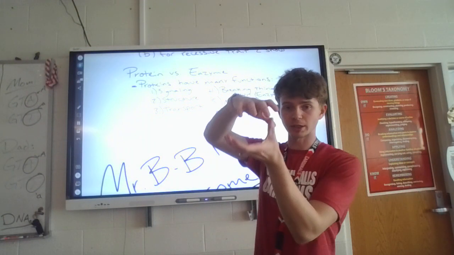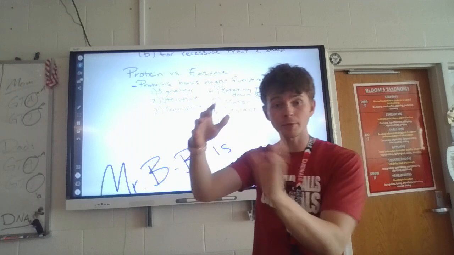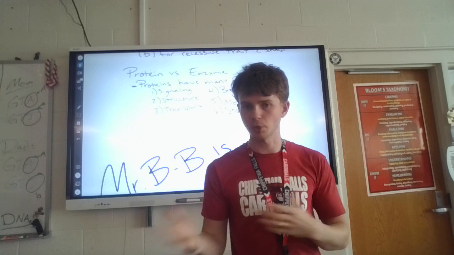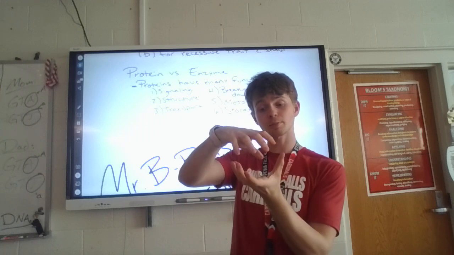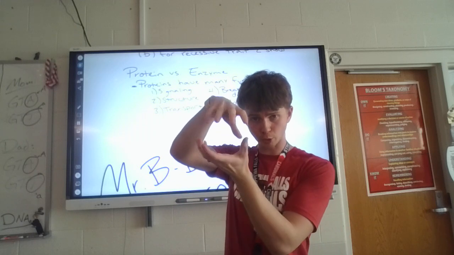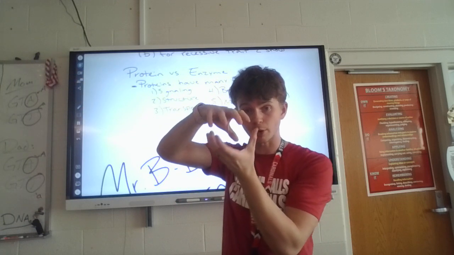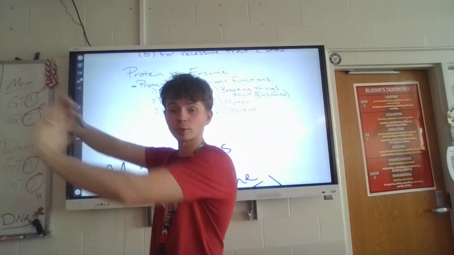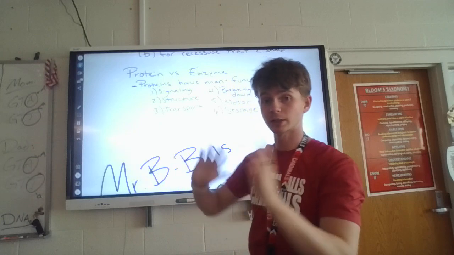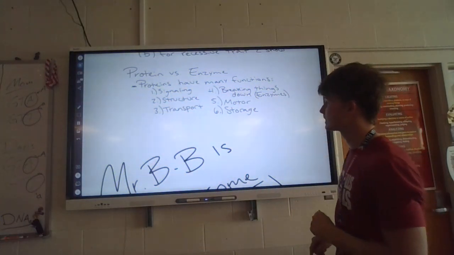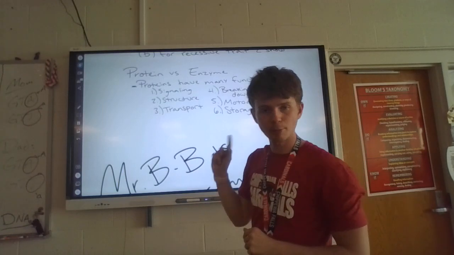They essentially act as a big protein orb, and they'll shove things inside there and either transport those contents to other parts of the cell, or they may transport those contents within this protein ball to another cell. This protein transport ball may leave the cell and go somewhere else in the body. That's pretty normal. Number 4, proteins can break things down, which is an example of our enzymes.